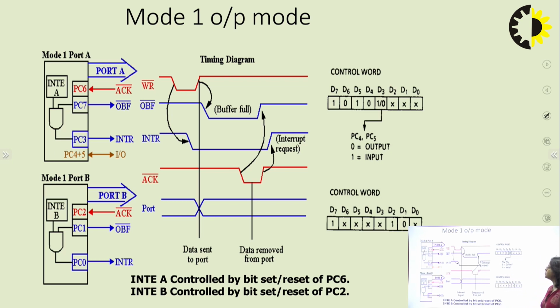So when we see the mode word, this is for I/O mode, this is for mode 1, port B as output, so it is 0, and these are control signals, so 1/0. And these 3 bits are for port B, so don't care. Similarly, for port B, 1 for I/O mode, next 4 bits are don't care, then mode 1 and output, and this is input/output. So INTEA and INTEB are controlled by PC6 and PC2 respectively.